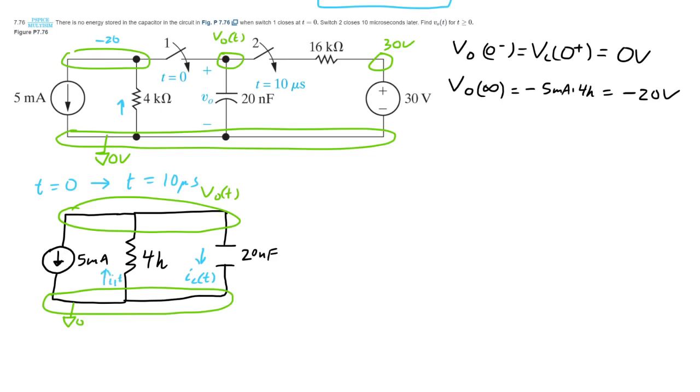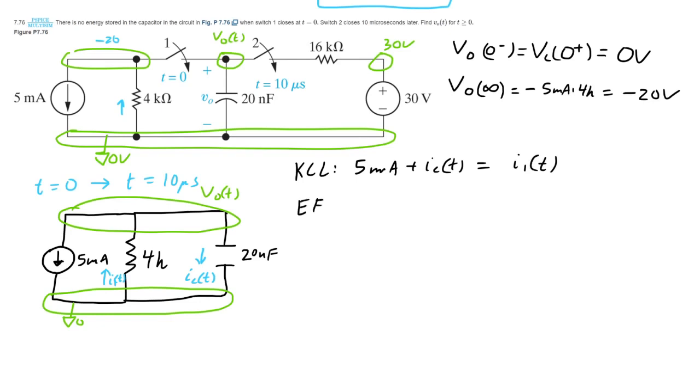So I1T is going to be over here. KCL: we have 5 milliamps going in, ICT going in, and I1 leaving. You'll see why I did that in a moment.